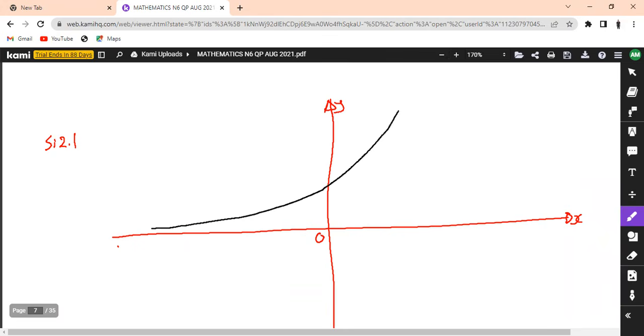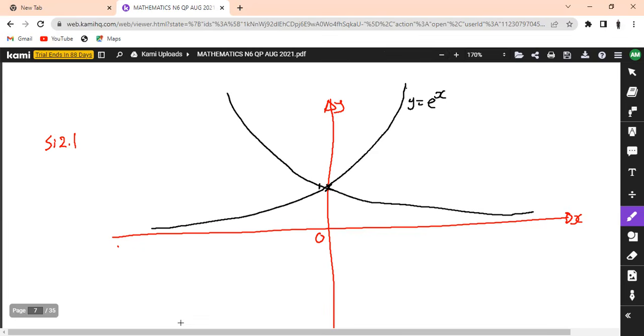That is y is equal to e to the exponent of x, which is positive, passing through the point where y is equal to 1. This is going to be opposed by the negative one, which goes just like that.